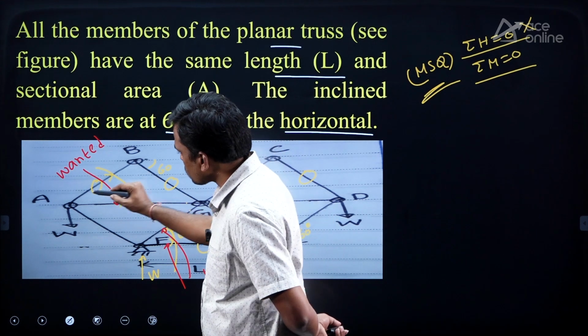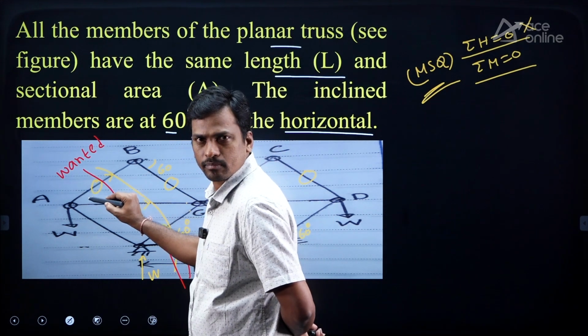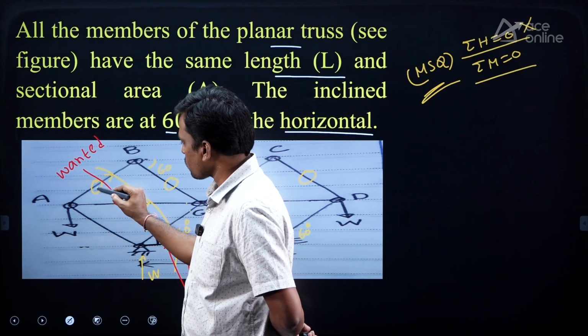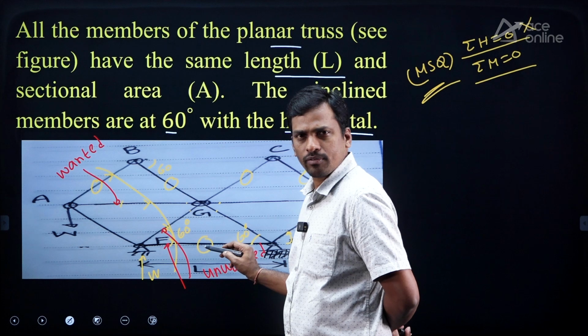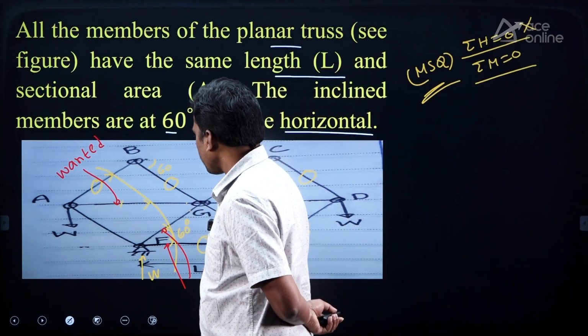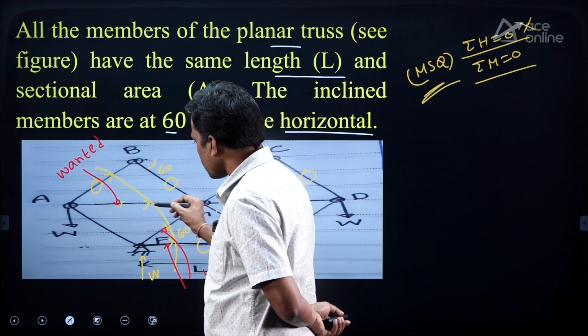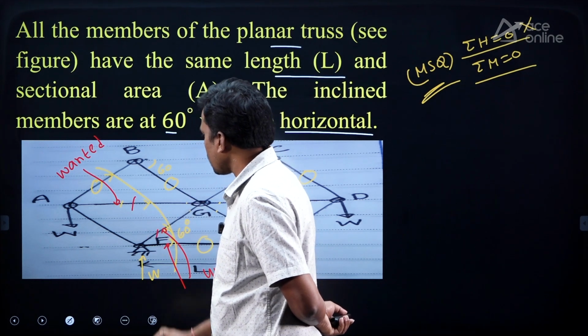And students, this is also unwanted member only, but force in this member is 0. No need to consider this one because it is 0. Then this also 0. No need to consider. Then remaining only 2 cut members are there, right? If I remove the 0 force members, this is one member and this is another member.